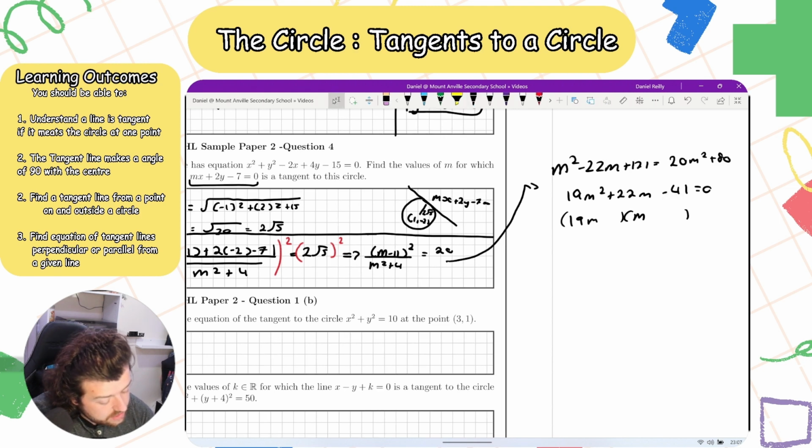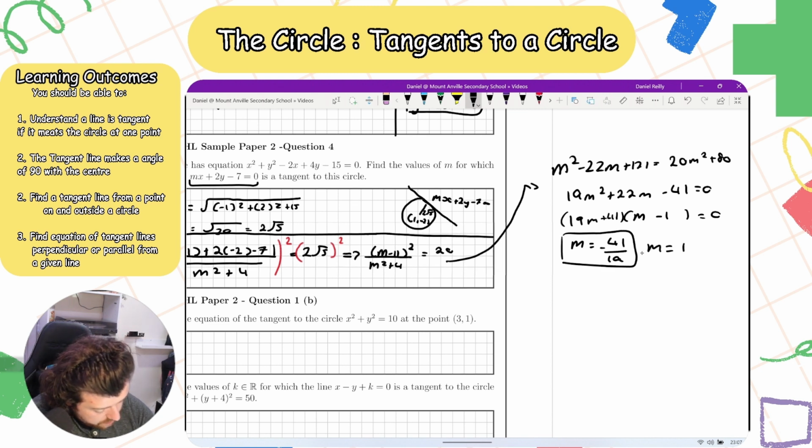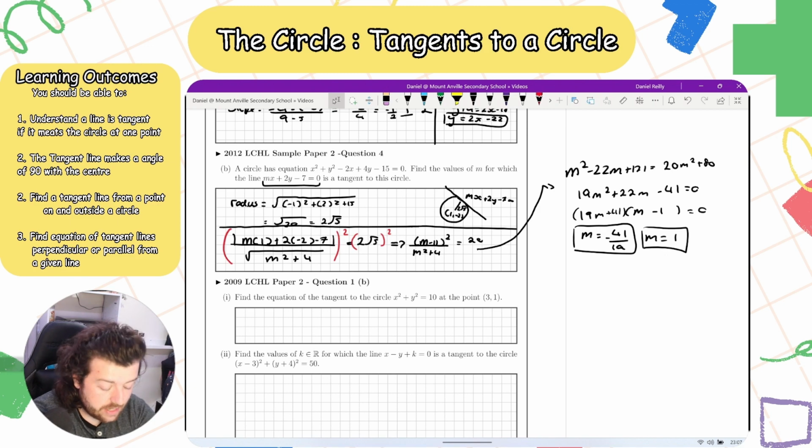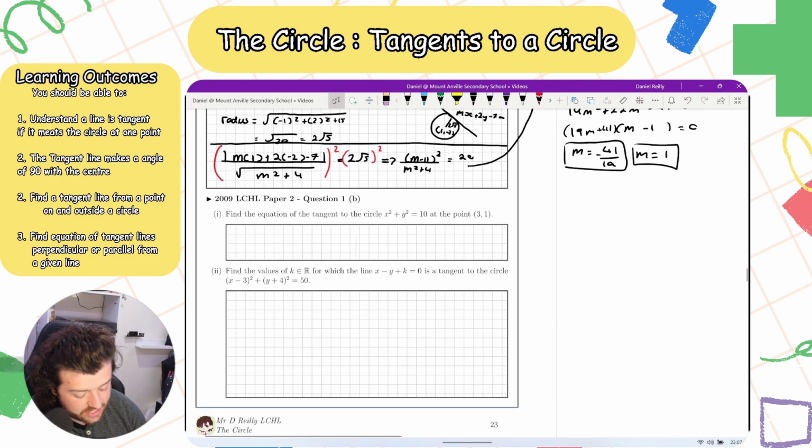That is literally just going to be plus 41 in there and minus 1, equals 0. So m is going to equal -41 over 19, and m is equal to 1. Those are the values of m for which that line is a tangent.